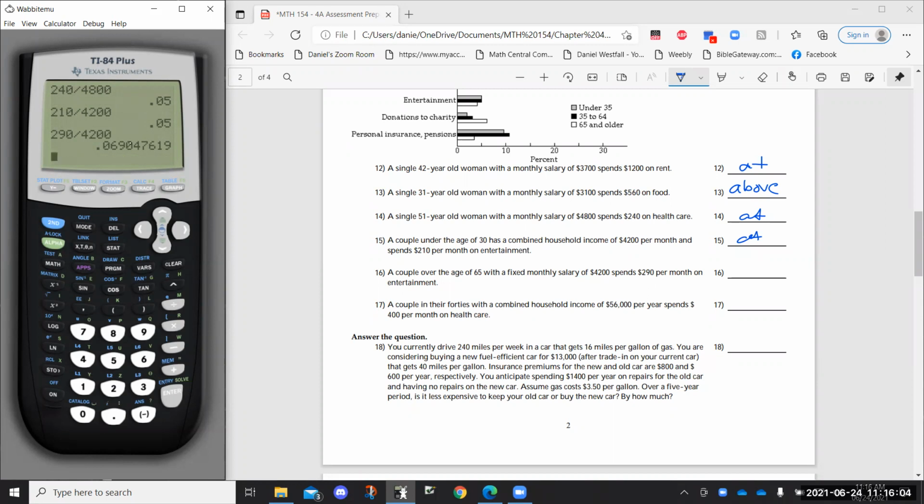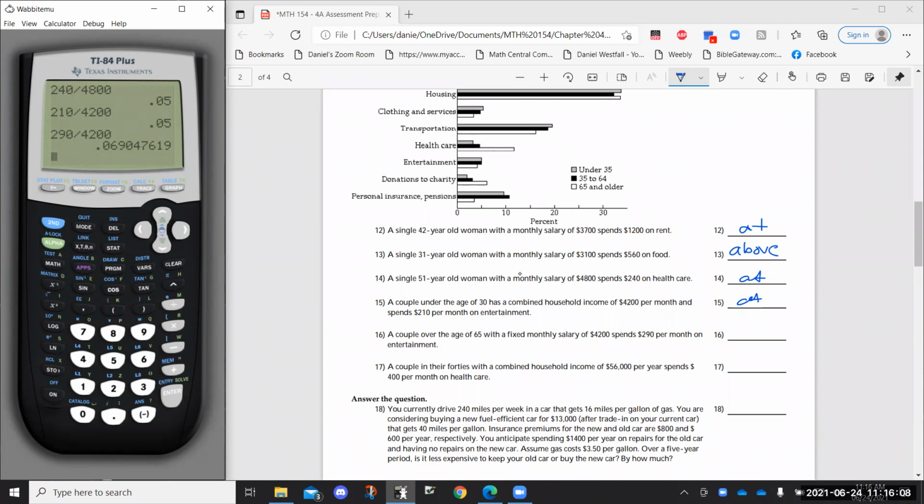That's almost 7%. So let's look at entertainment. It's above average, right? Because they should be actually like 4%. So this is above average for them to spend 7% on that.